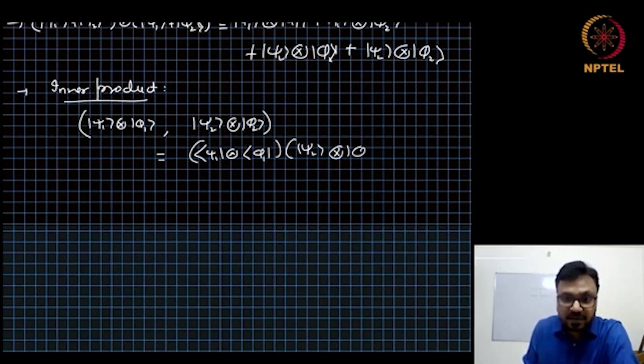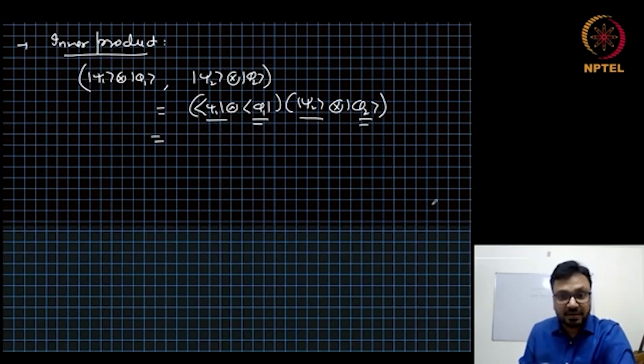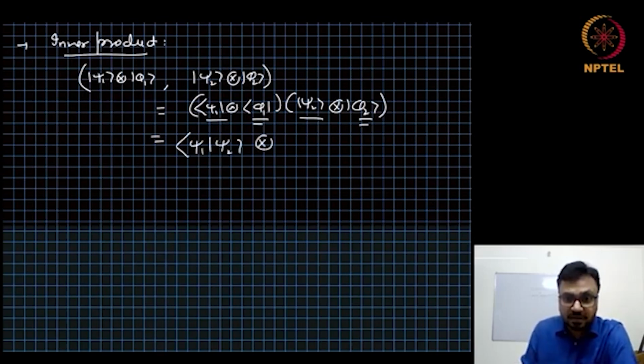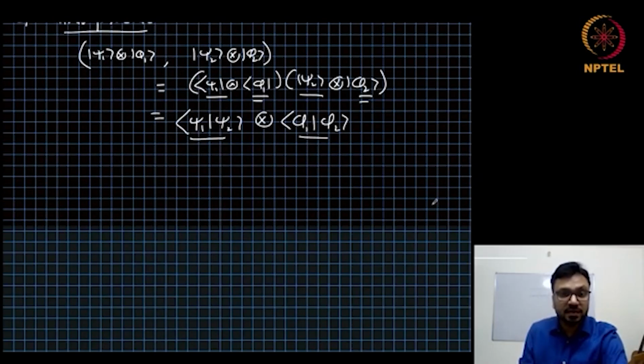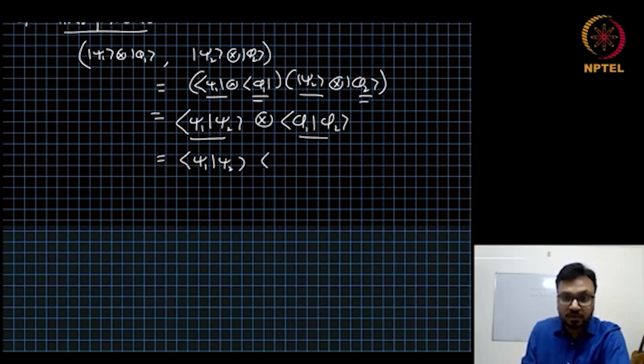Subsystem A states will have an inner product separately and subsystem B states will have an inner product separately. So it will be the inner product of psi1 and psi2 tensor the inner product of phi1 and phi2, and since these are scalars, the tensor product does not act on scalars, so it will be just the product of the inner product of psi1 psi2 and the inner product of phi1 phi2.